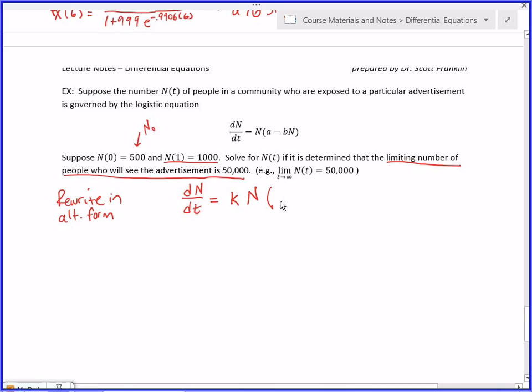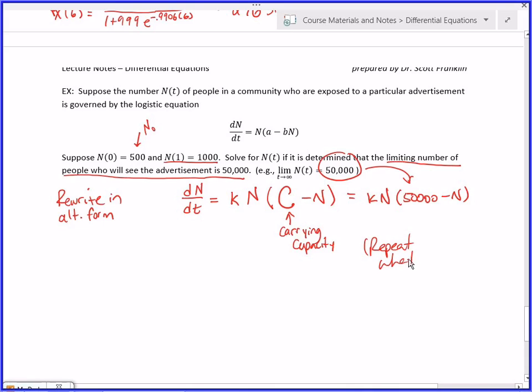So C for carrying capacity, minus N. Only now, what is C? I don't even know why I needed the variable. I could just put the 50,000 in there, right? Because the limiting value is the carrying capacity. And then repeat what we just did, dot, dot, dot.